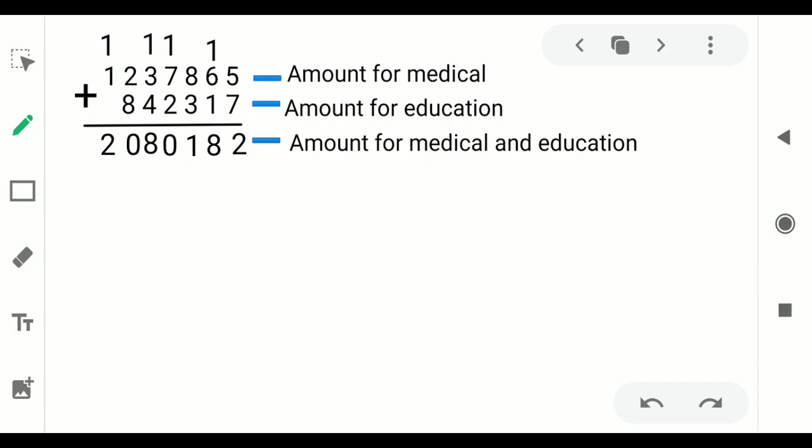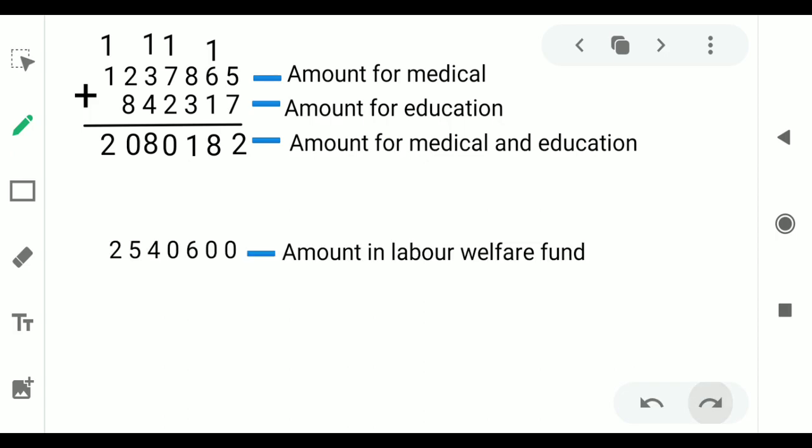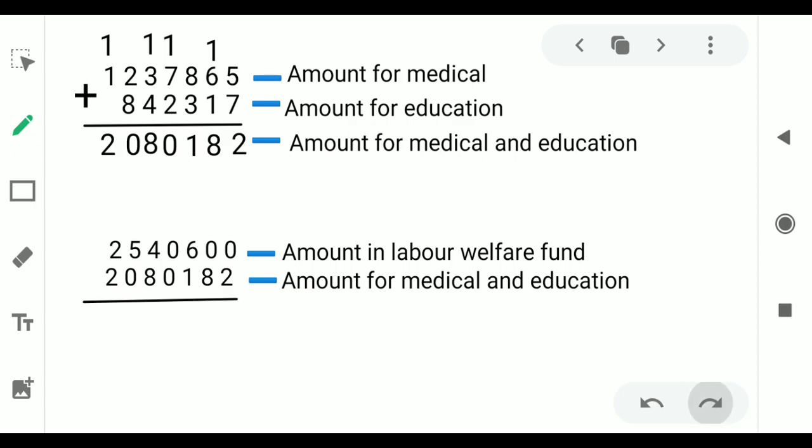Now if we subtract this amount from the total, we get the remaining amount, and remaining amount is for canteen. So now we subtract the amount for medical and education from the labor welfare fund.